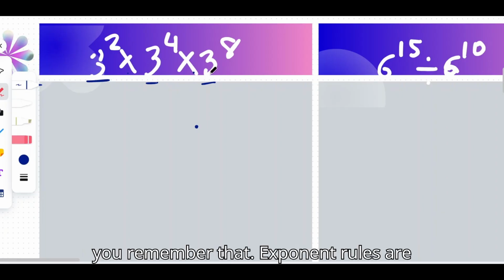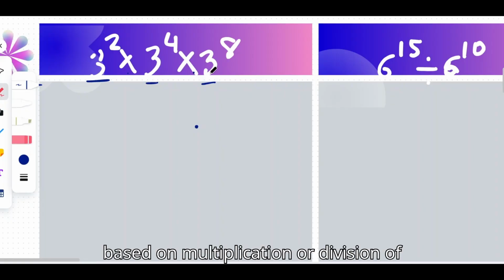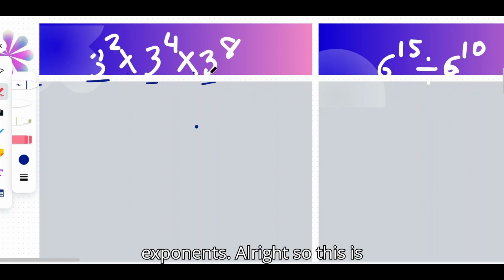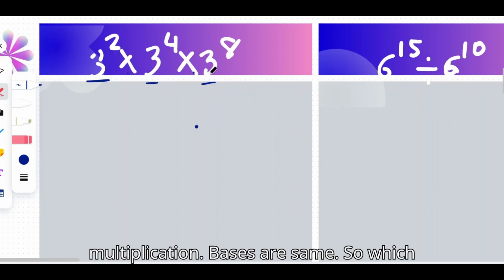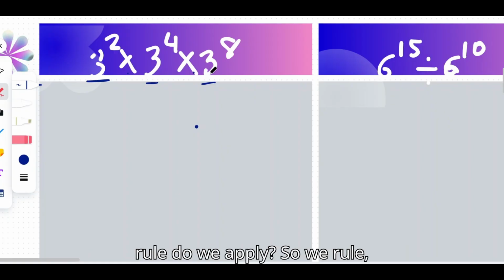I hope you remember that exponent rules are based on multiplication or division of exponents. So this is multiplication. Bases are the same. So which rule do we apply? We apply the rule of the sum of the powers if the bases are the same.